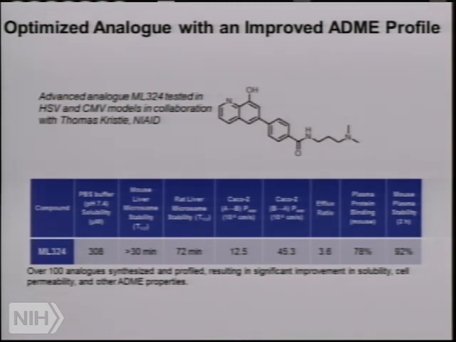But in order to progress a molecule beyond in vitro, in test tube analysis, if you will, in this reductionist setting to, say, an animal-based experiment, xenograft, or to move it to a patient trial, you need to improve other properties such as stability in plasma, stability against microsomes, against various enzymes in the body that will degrade the molecule and contribute to the molecule's clearance.